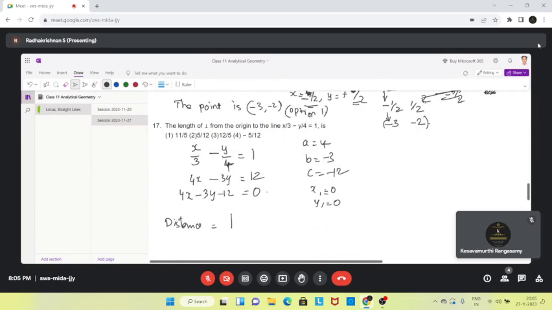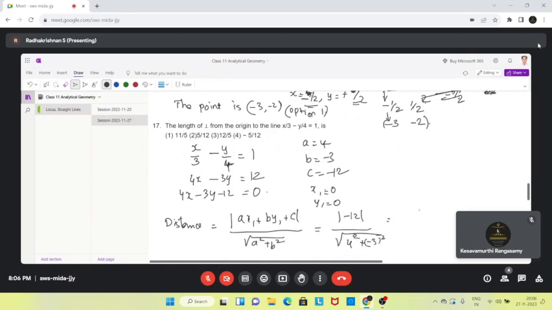modulus of ax1 plus by1 plus c over square root of a square plus b square. So in this case, x1 equal to 0, y1 equal to 0. That means this is mod of c simply, divided by square root of 4 square plus minus 3 whole square.